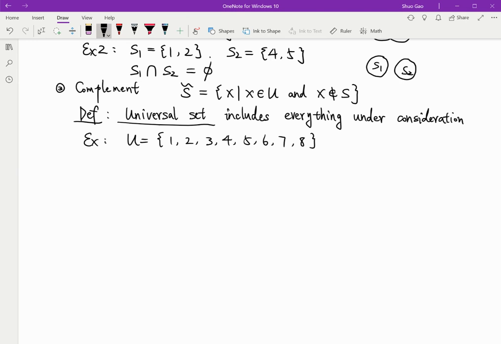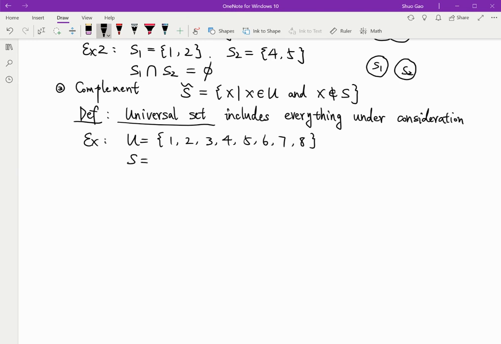That means in this example, in this problem, we only consider the set U here. We don't consider the whole real system, or all the other integers. Everything that we consider in this example is just from 1 to 8. This is the scope of the problem we are talking about.